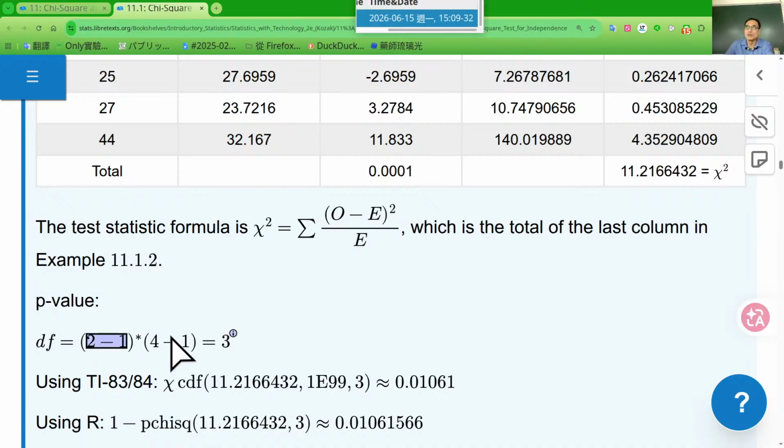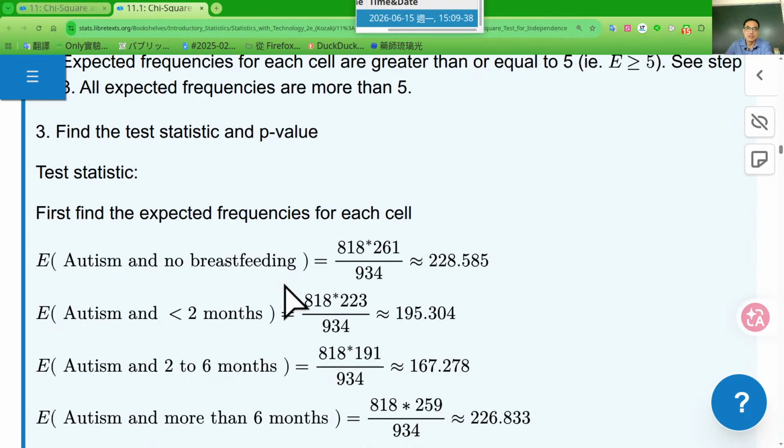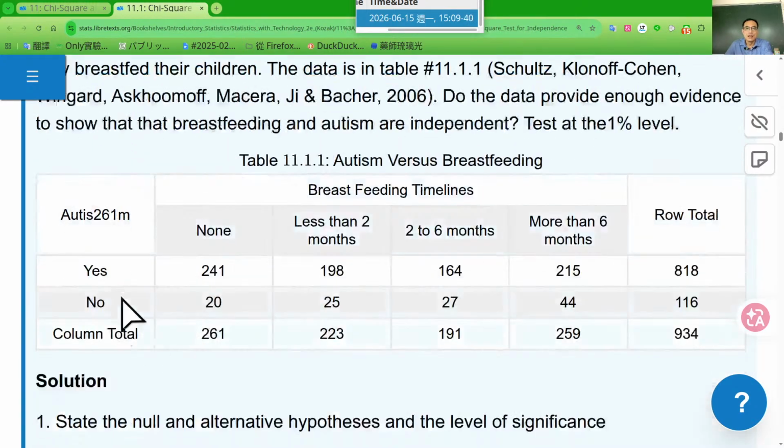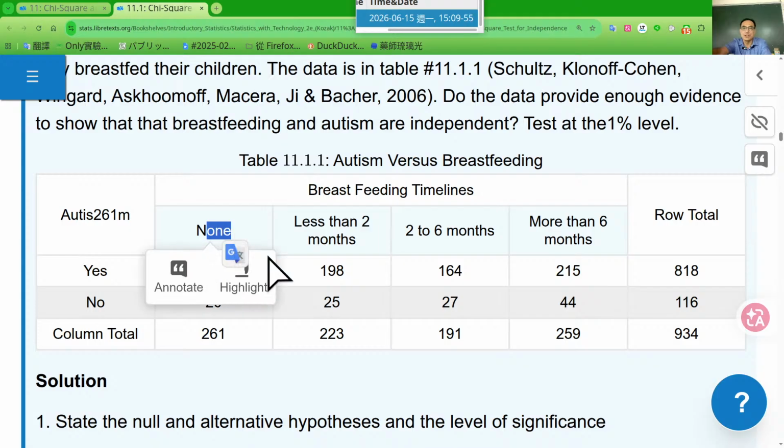How can we determine the degree of freedom? Degree of freedom, check here. Autism, yes or no? Thus, two options. And breastfeeding timeline, 4 items. First item, none, no breastfeeding. Second one, less than 2 months.